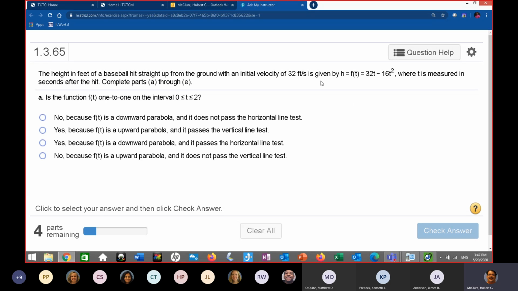Let's see if I can find mine, because I already drew it. I drew a couple of them. Yeah, here it is. Okay, this one. I did 256t.